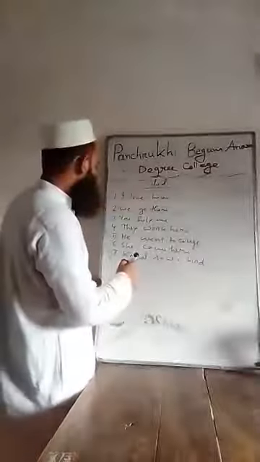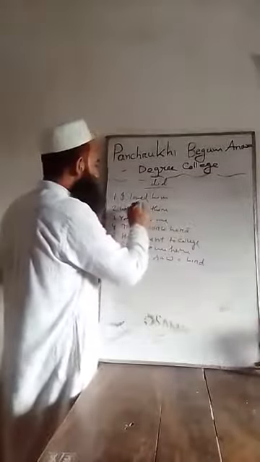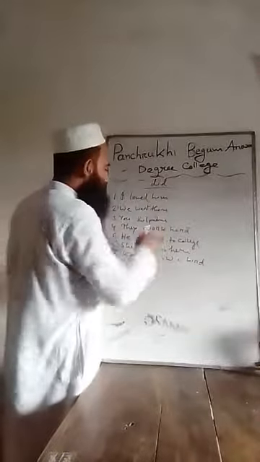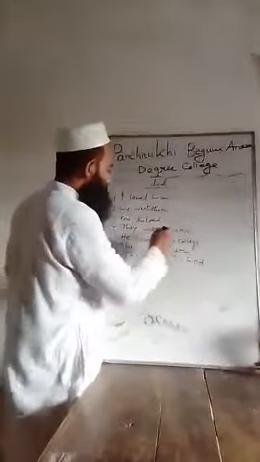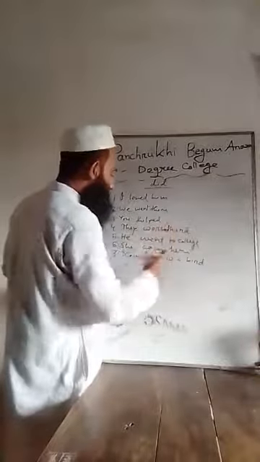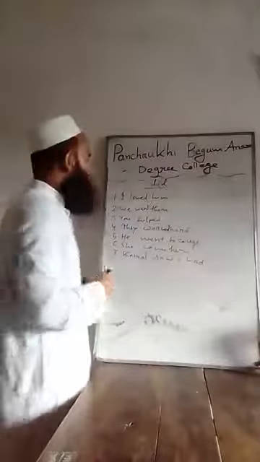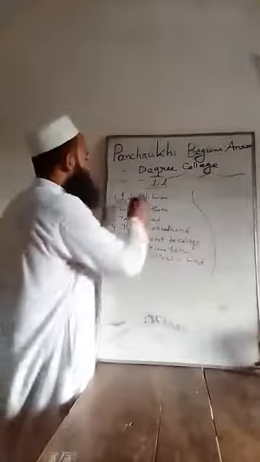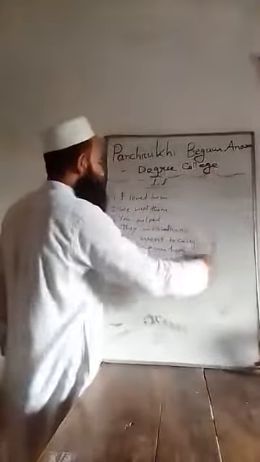All are the second form of the verb: did, loved, went, helped, worked. If we want to change them into negative or interrogative, we have to just use did.